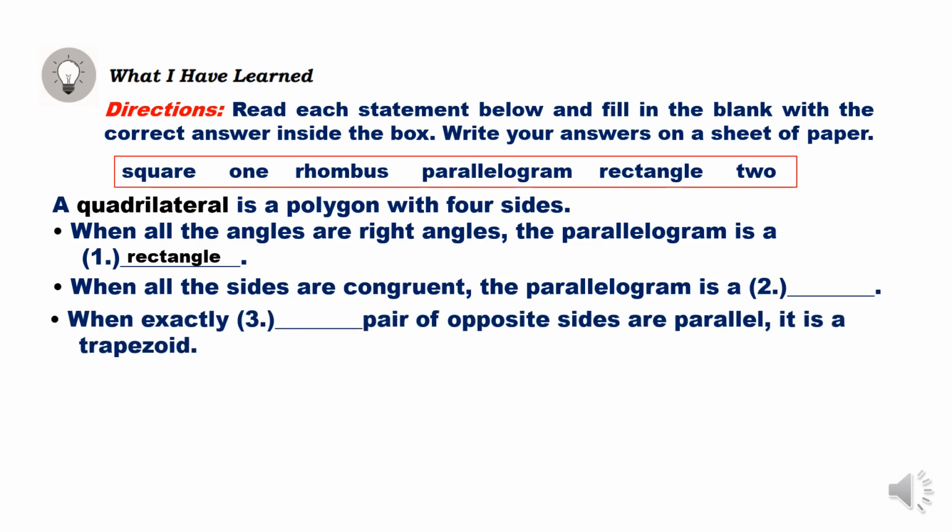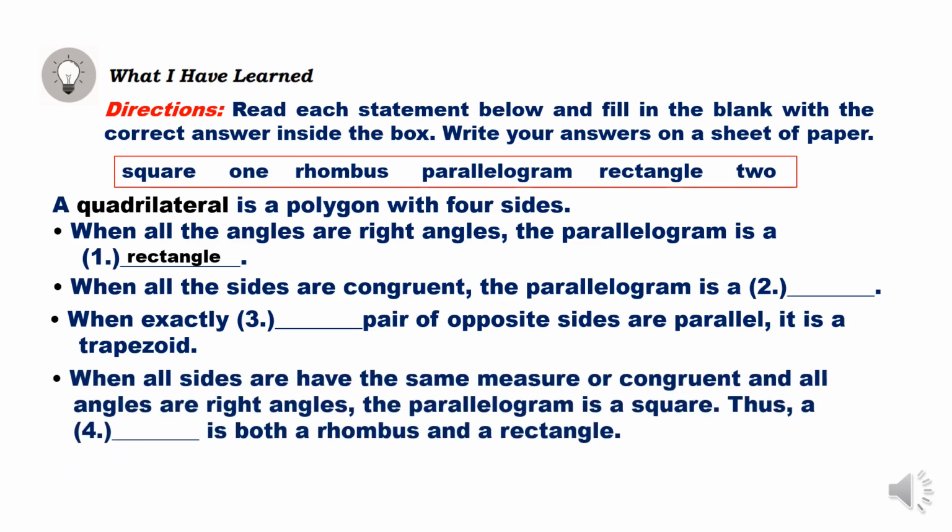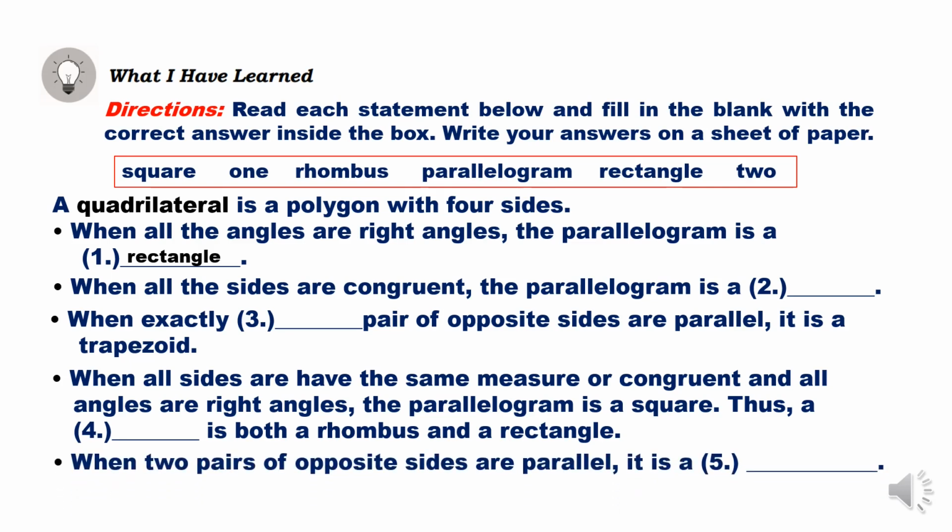When exactly blank pair of opposite sides are parallel, it is a trapezoid. When all sides have the same measure or are congruent, and all angles are right angles, the parallelogram is a square. Thus, a blank is both a rhombus and a rectangle. When two pairs of opposite sides are parallel, it is a parallelogram.